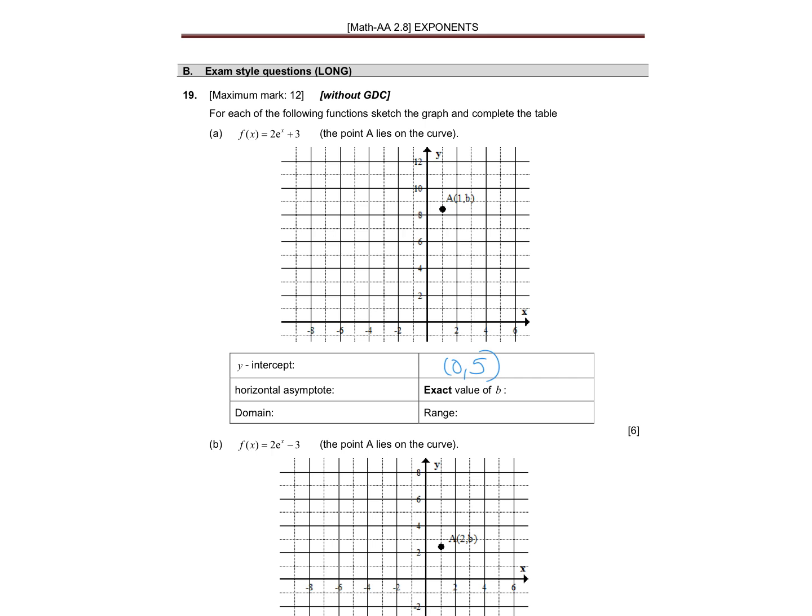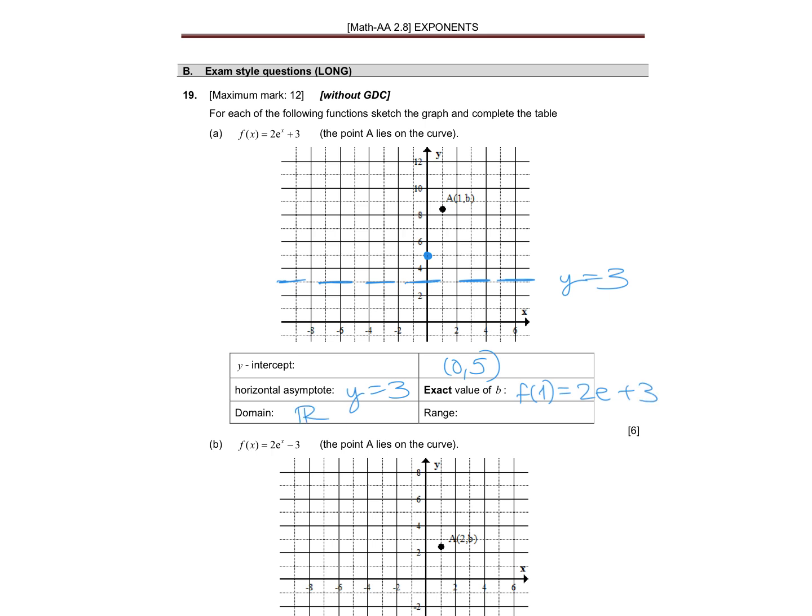So we'll do a dotted line there and label it. So that's that. Exact value of b, so that's when we substitute in 1. So that's going to be f at 1 is 2e to the 1 plus 3. That's the exact value. We'll leave that.